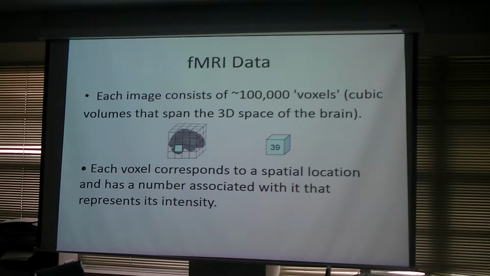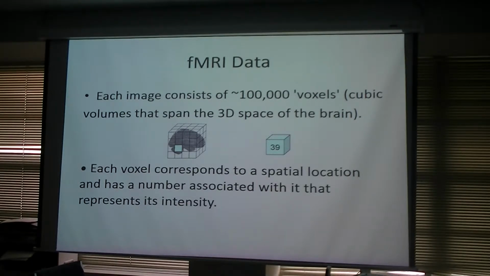Each image consists of around 100,000 voxels. We divide our brain volume into 100,000 voxels, and each voxel corresponds to a spatial location and has a number associated with it that represents its intensity.